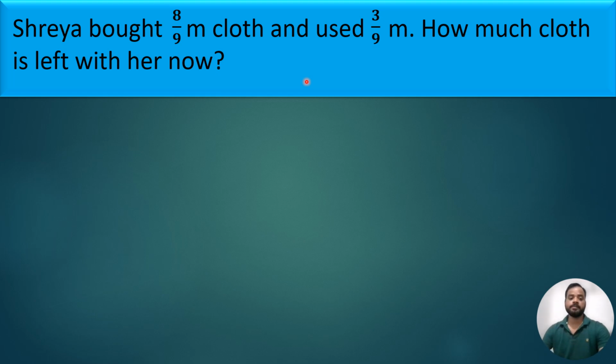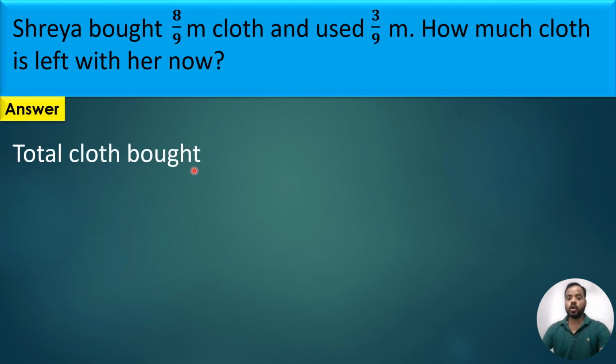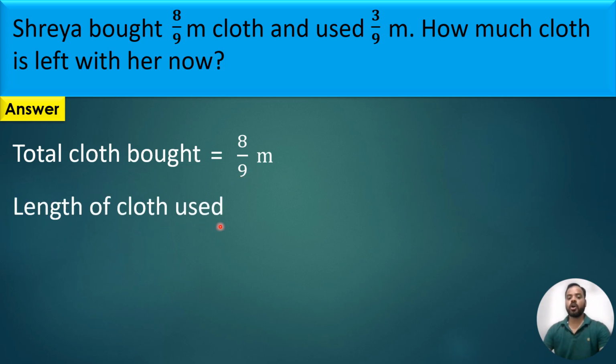So let us see. Total cloth bought is how much? 8 by 9 meter. Now the length of cloth used. How much length of cloth? Shreya has used 3 by 9 meter.